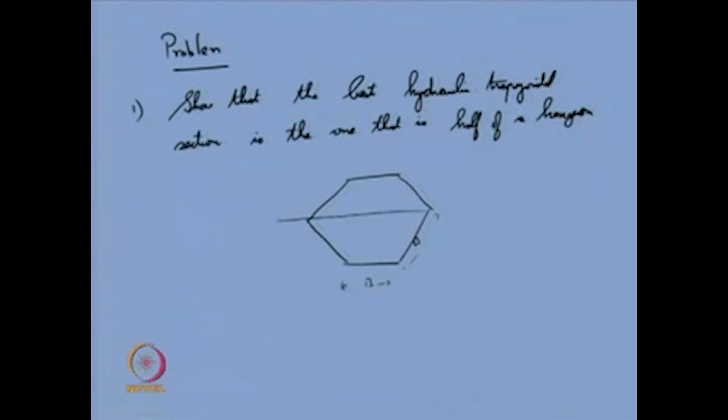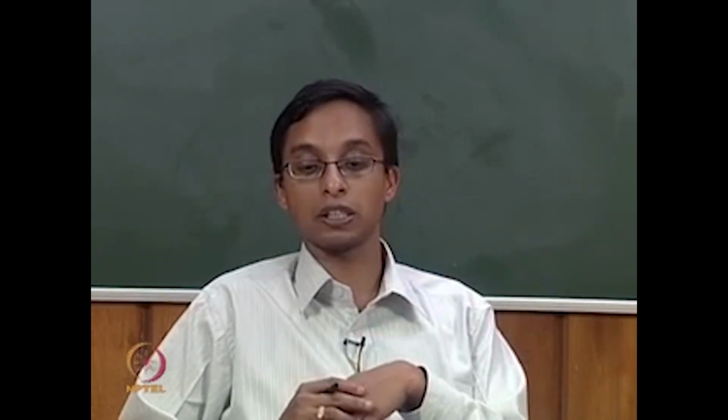So, this particular section, this portion, is the best hydraulic trapezoidal section. How can you prove that? You have already seen the criteria for the best trapezoidal section. You can develop from there itself how the best hydraulic trapezoidal section is half of a hexagon. It can be proved. Just do that.